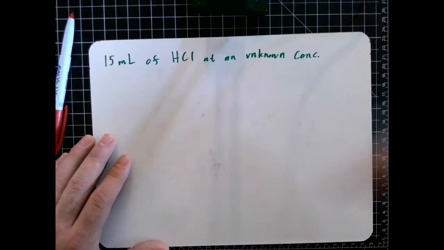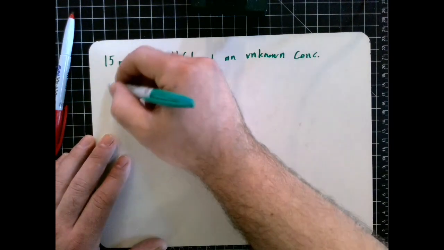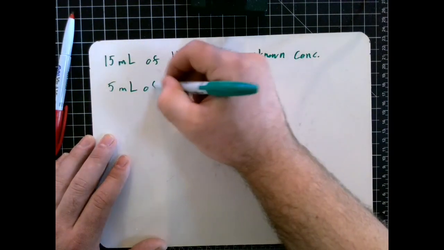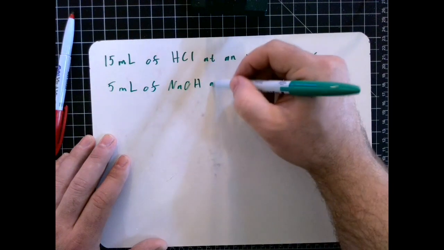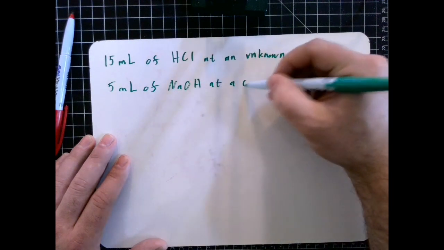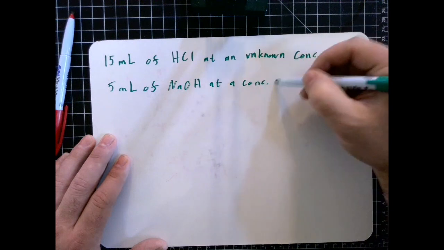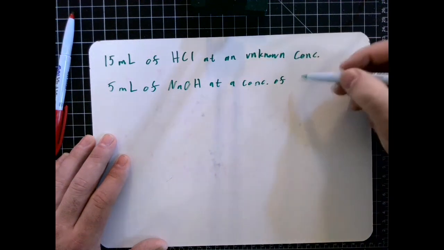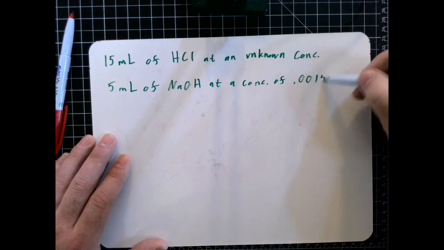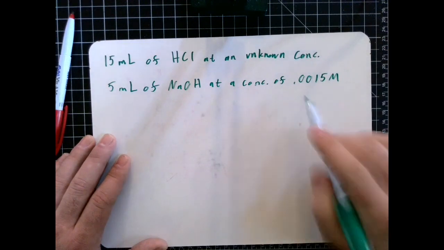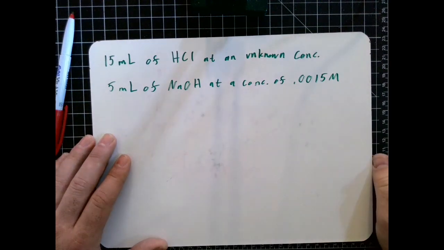And then we add 5 milliliters of NaOH at a concentration of, let's say, 0.0015 molar. That'll end up giving us a pretty decent pH.